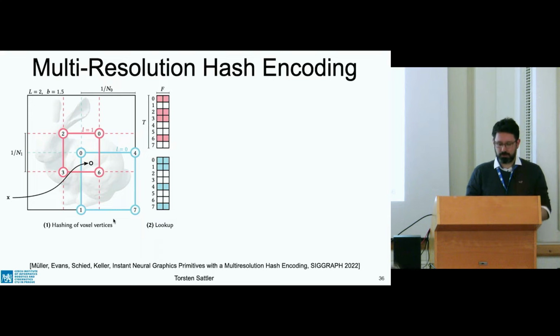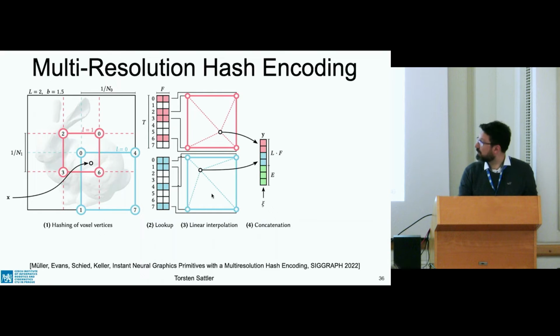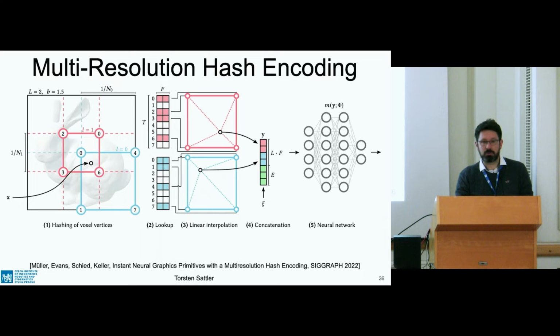To get the color value for the point that you want to evaluate, you take the features that you get from the hash map, and you do linear interpolation within the voxel. You concatenate all of this. You potentially add some extra information such as viewing direction, and you run this through a neural network.